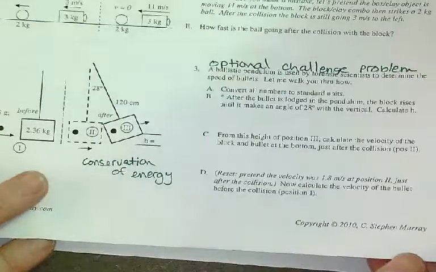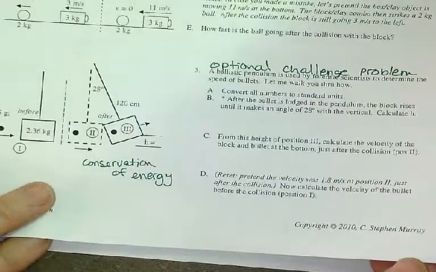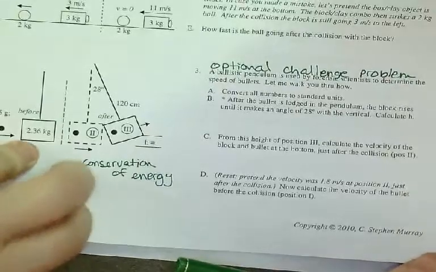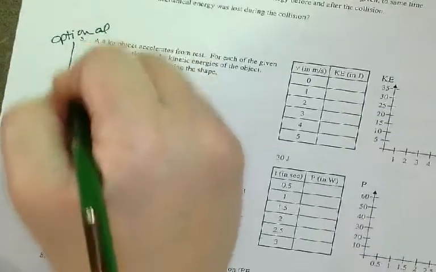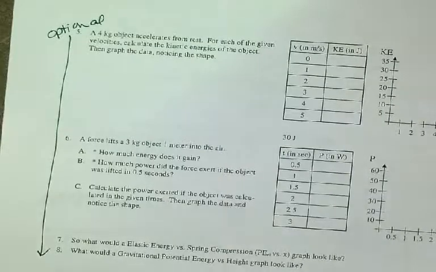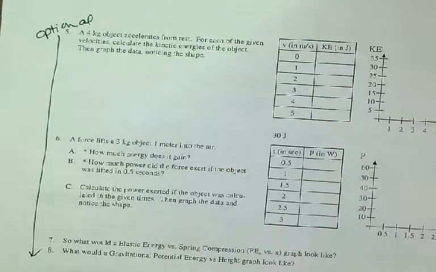So that's optional. And then there are some optional ones on the back of this page, starting with number 5. So number 5 through number 8, if you want to challenge yourself, see what you remember, but they're optional. So they will not be on the quiz next time.